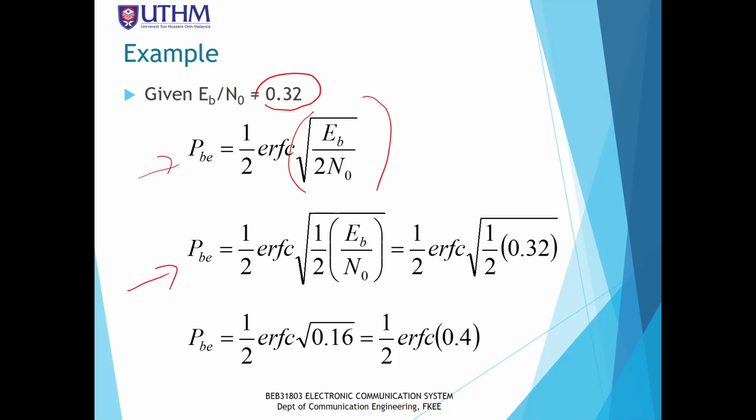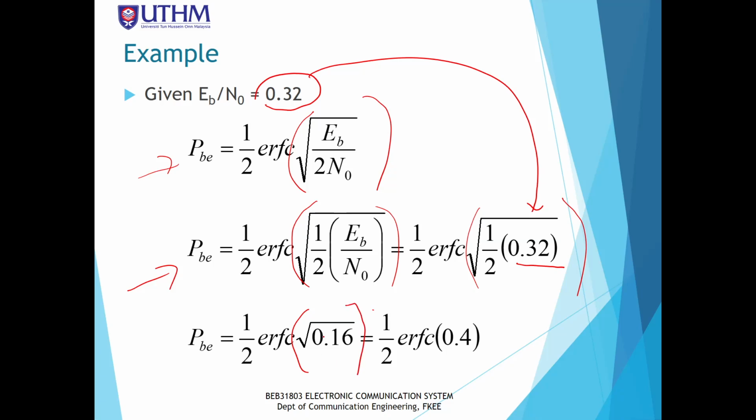That means 1 over 2 ERFC of the square root of 1 over 2 times Eb over N0. We can rearrange the equation: 1 over 2 ERFC of the square root of 1 over 2 times 0.32, where 0.32 is given in the question. So we find that it is ERFC of the square root of 0.16, which is ERFC of 0.40.